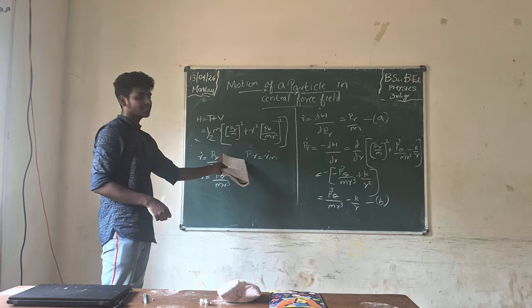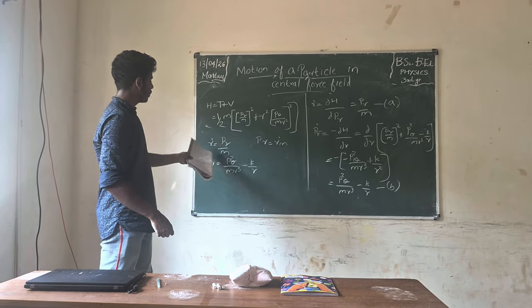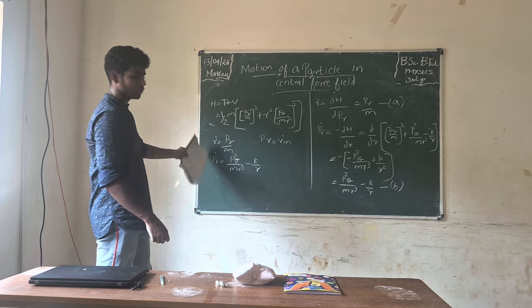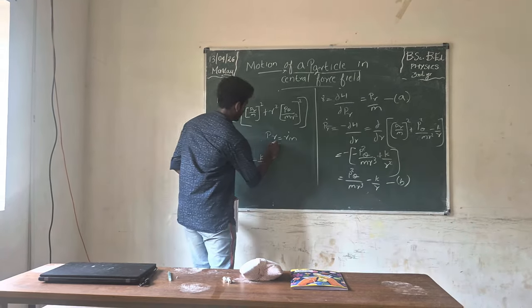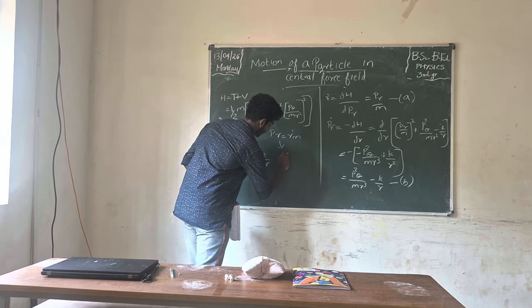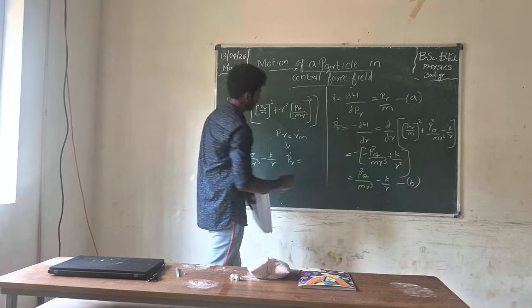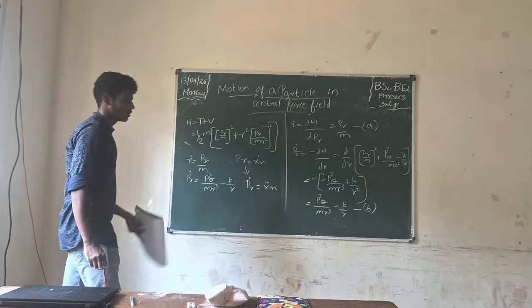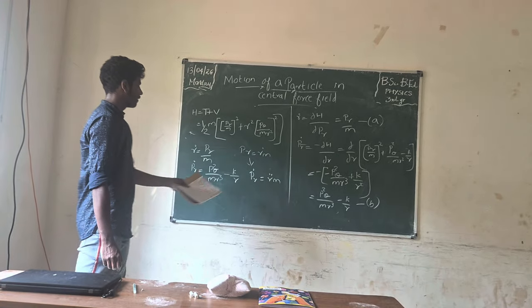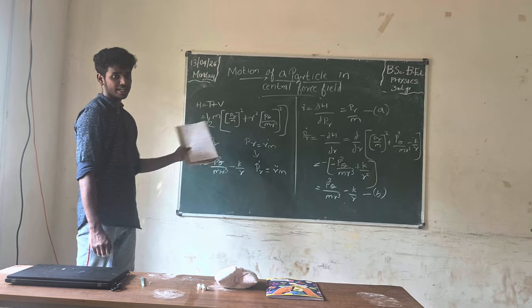So here it is PR and here it is PR dot. So what we are going to do is to make both of these left hand sides equal. For that we are taking the derivative of this one. So we can write PR dot is equal to R double dot M. Now both these equations have become equal on which side? Left side, yes.